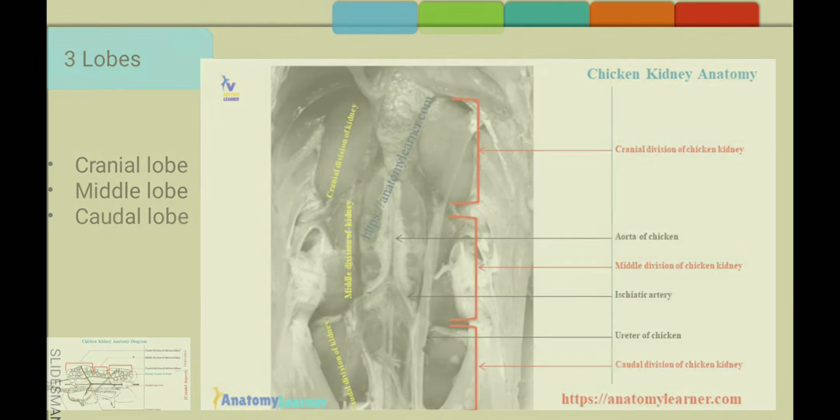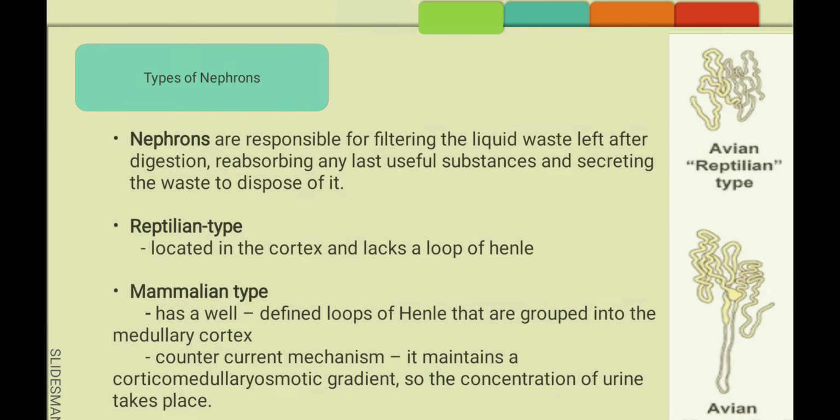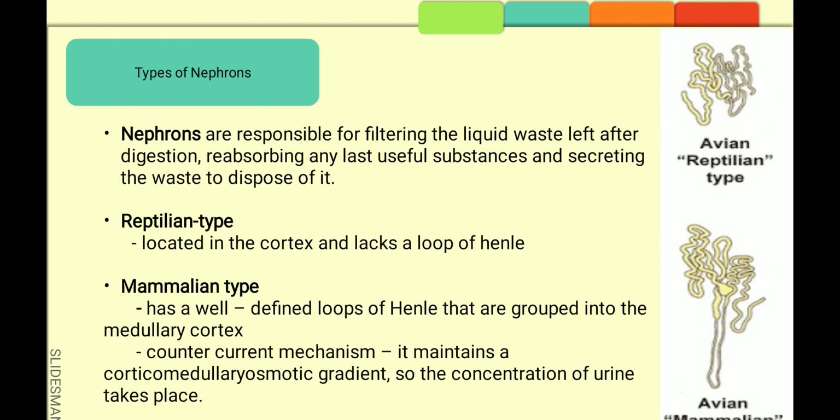So now let's talk about the nephron. As I said earlier, the nephron is the basic functional unit of the kidney. Nephrons are responsible for filtering the liquid waste left after digestion, reabsorbing any last useful substances, and secreting the waste to dispose of it.